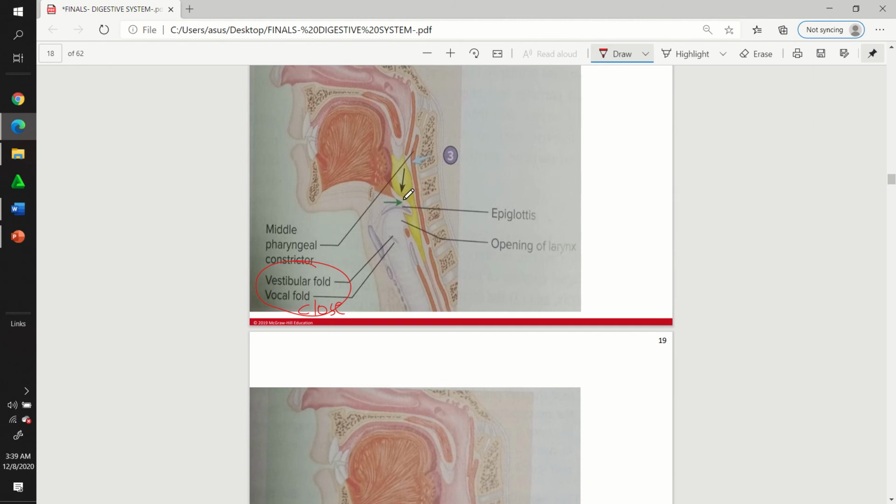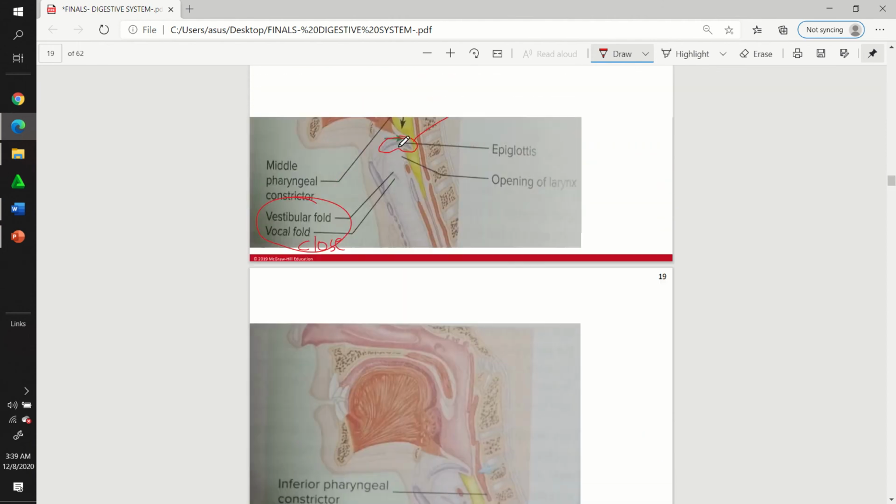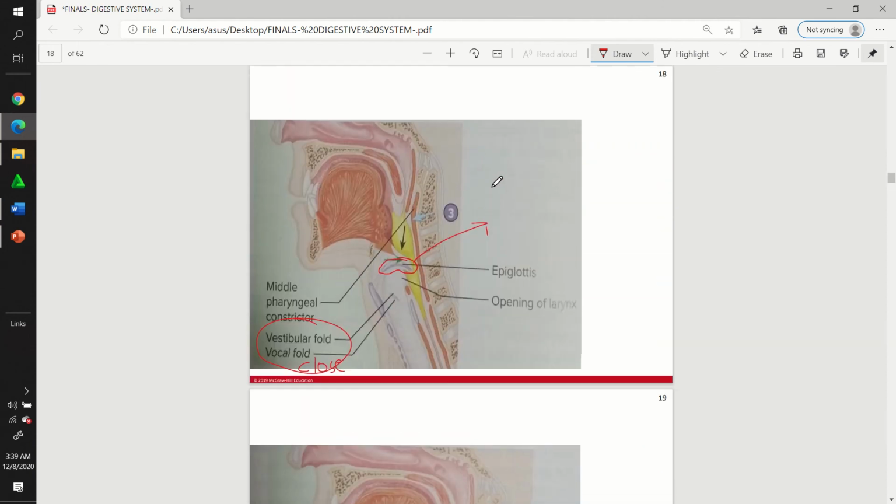And the epiglottis, this one, the epiglottis now is tipped posteriorly, so that the opening of the larynx is covered.